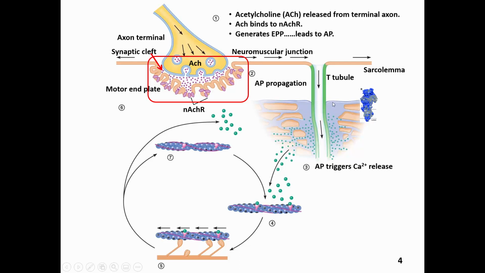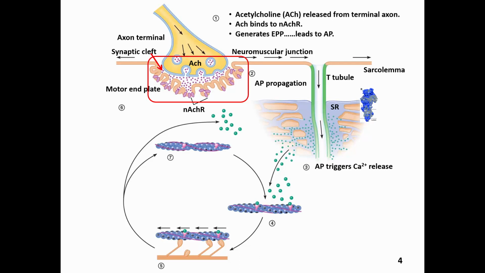So contrasting with the movement of calcium ions into the terminal axon when triggered by the axon action potential, those calcium ions up here come from the extracellular medium. These calcium ions come from storage intracellular within the sarcoplasmic reticulum, which is a tubular network that houses many calcium ions.